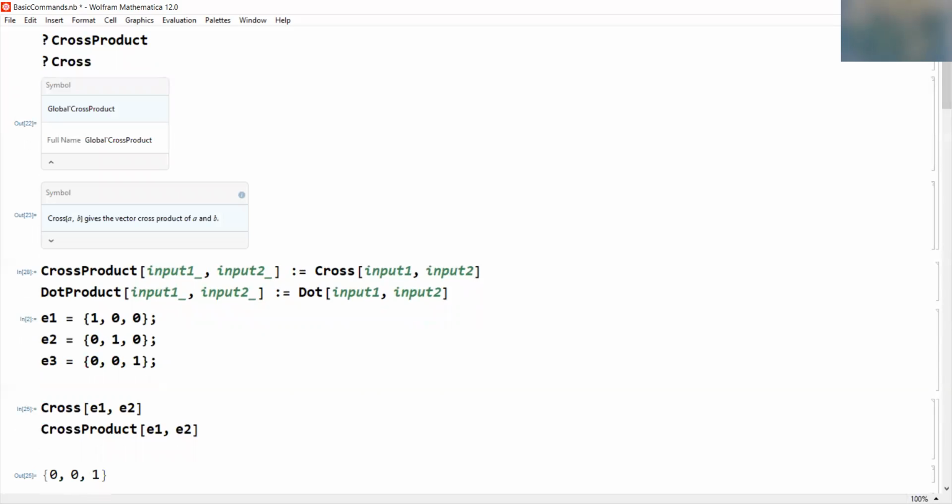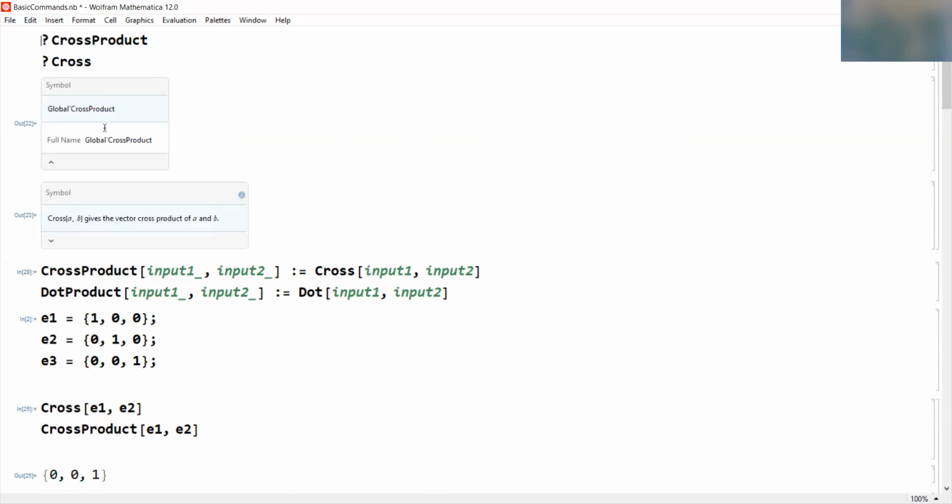So it used to be called cross product. What do you think the cross product computed for you? The cross product, yes. It's now called cross. If you put a question mark in front of something in Mathematica, that will give you an explanation of what it is. If you don't know how to do something in Mathematica, you can also, of course, Google it. Right, and that's what I actually did.